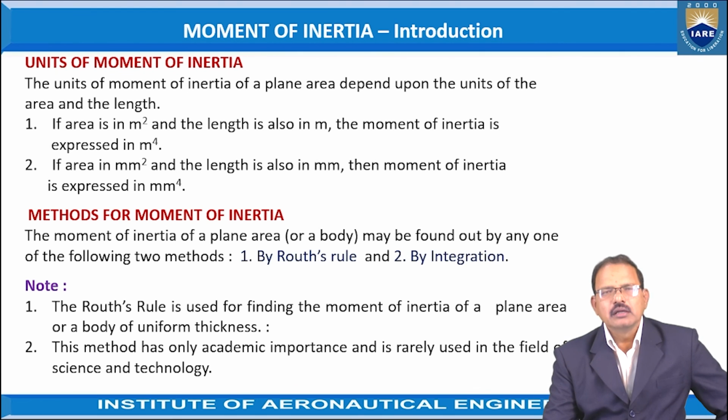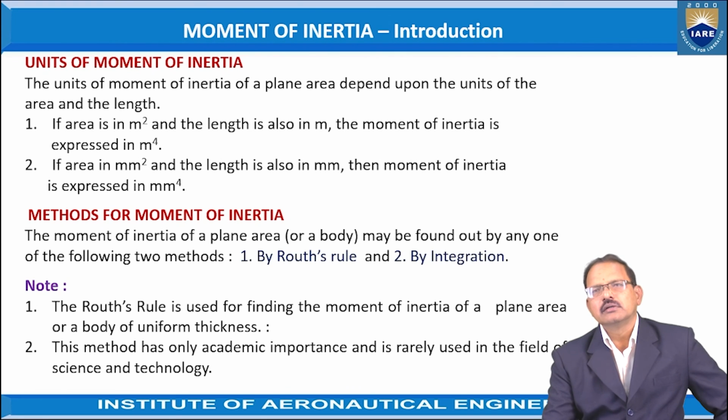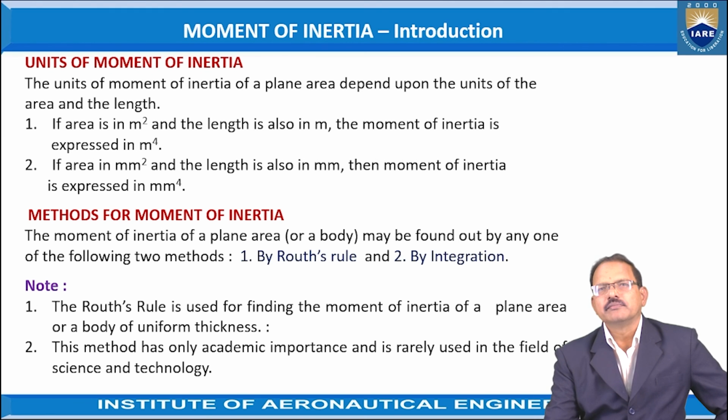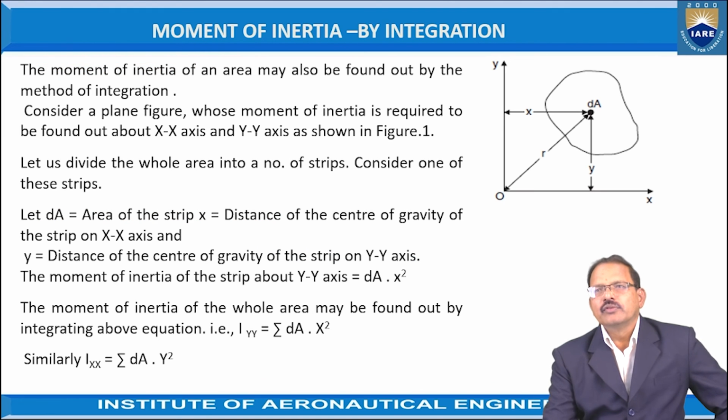It is given in mm to the power of 4 if all the dimensions are represented in millimeters. Similarly, m to the power of 4 if the area is represented in m square and the distance between the reference lines to the center of gravity is measured in meters. So, the moment of inertia is given by area multiplied with the square of the distance.